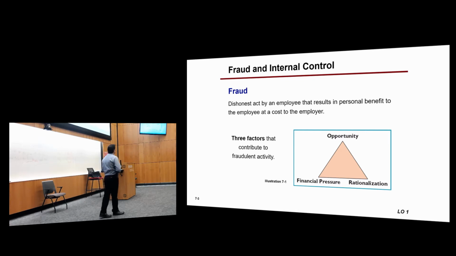There's also the third part, which is rationalization. They start thinking: the company CEO is making millions of dollars, all these executives make tons of money, whereas I'm the one doing the work and I only get a very low salary. So why not also take a cut from the company's profits?